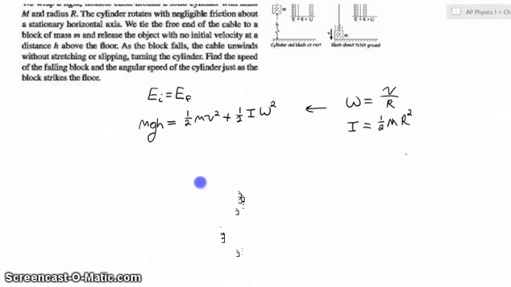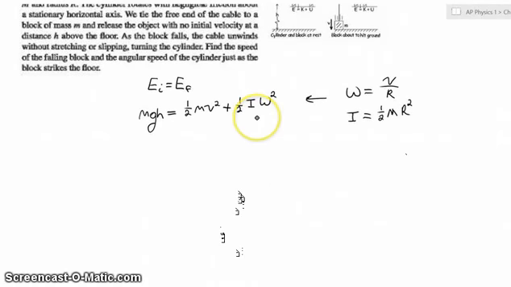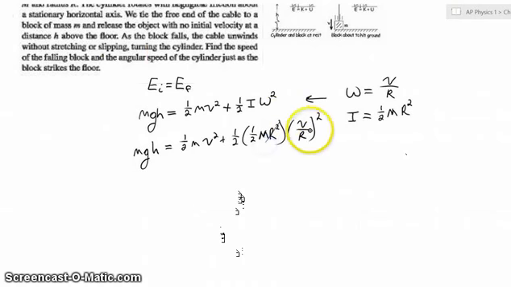So putting that all together, we're going to get mass times gravity times height equals 1/2 mass velocity squared plus 1/2 times 1/2 mass r squared times v over r squared. These two r's are going to cancel out since they're both squared, and we're going to end up getting mass times gravity times height equals 1/2 mass velocity squared plus 1/4 mass of the pulley velocity squared.